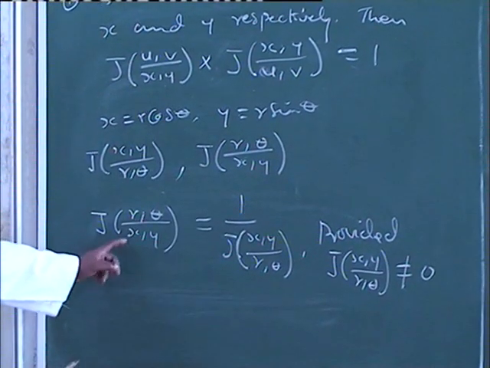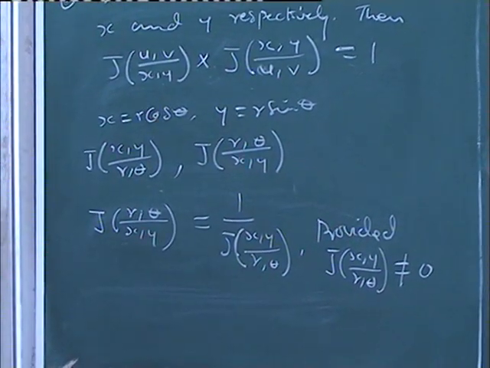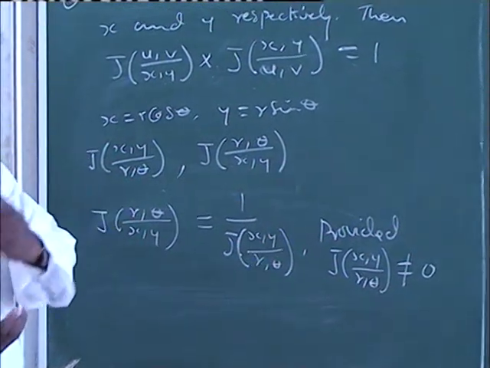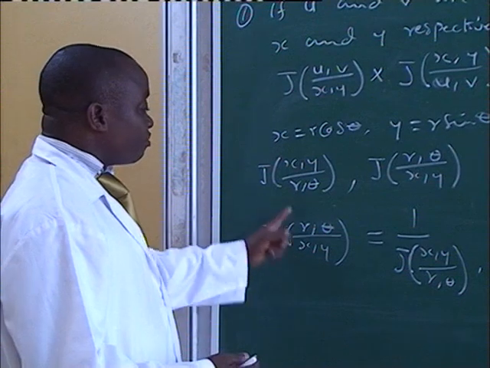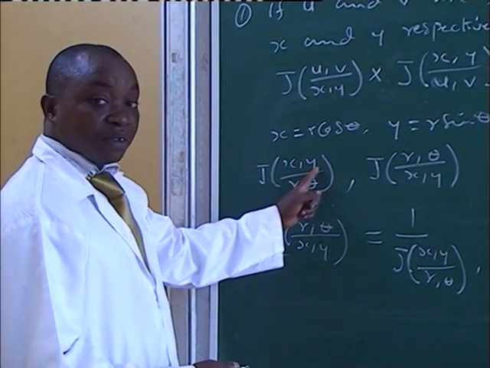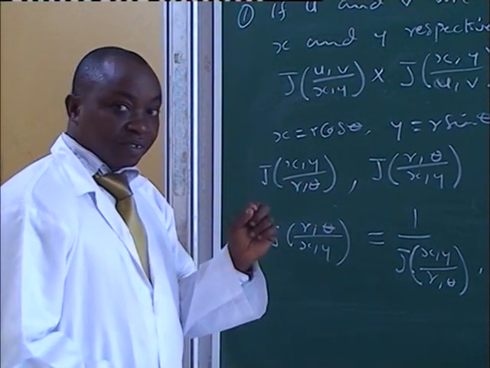Now look at that. If you play back, you can see that when we looked for the Jacobian of x, y with respect to r, theta, we have r.